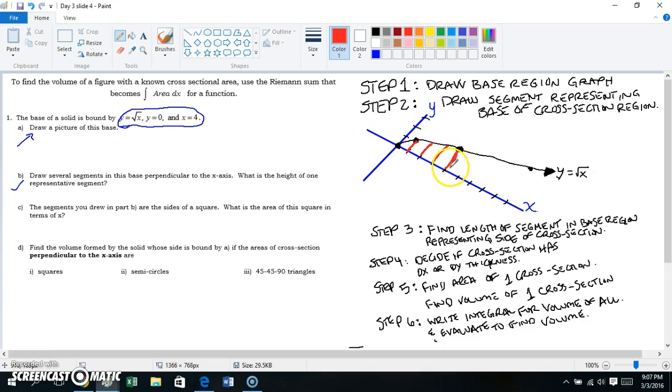So each one of these lengths is equal to the square root of x. All right, so the height of one representative segment is the square root of x.